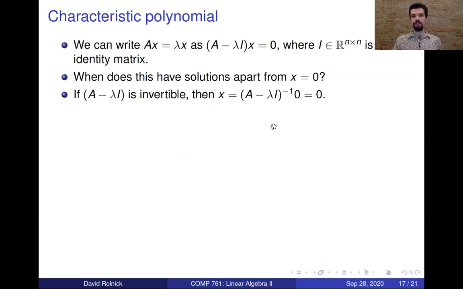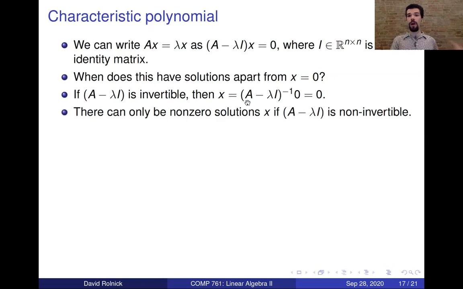Now, let's think back in our mind. When is something non-invertible? Well, it's non-invertible when there's a linear dependence between the rows, or between the columns, and it's also non-invertible if the determinant equals 0. So we can just see what happens when we set the determinant equal to 0.